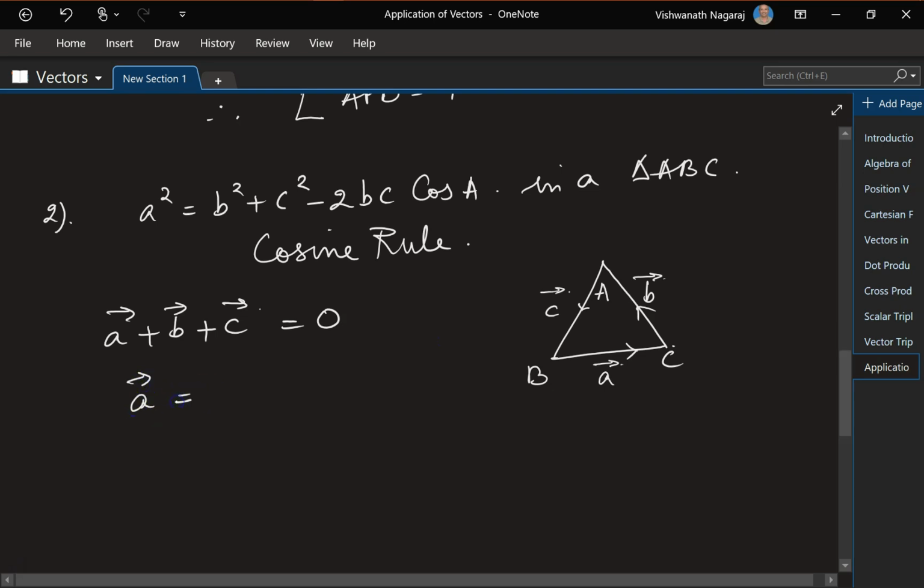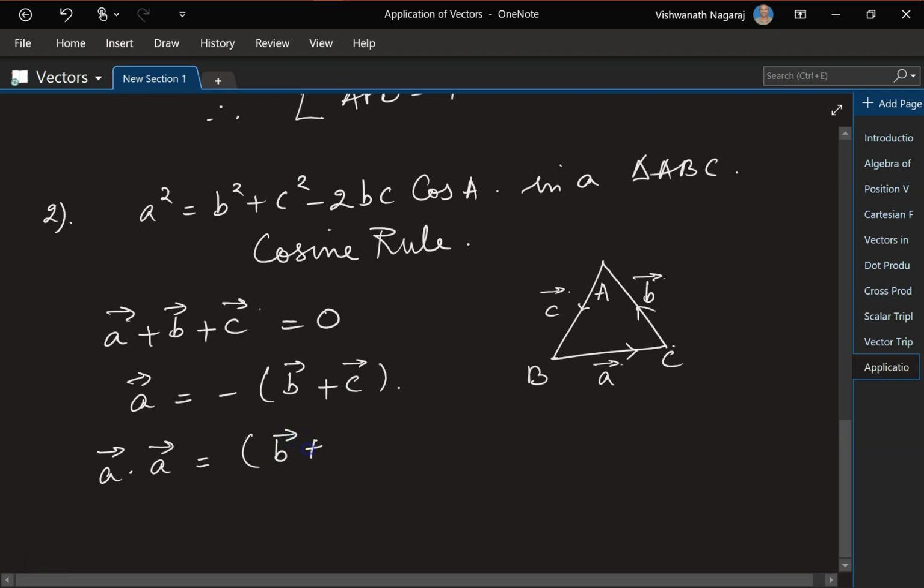Okay, A is equal to minus B plus C. Now we want A square. So let's square this. A dot A is equal to, when we square, the minus sign disappears, so we can ignore it.